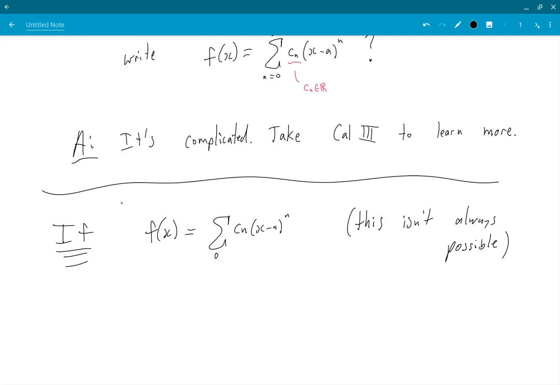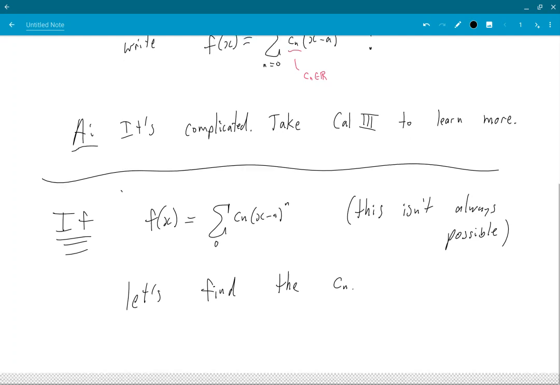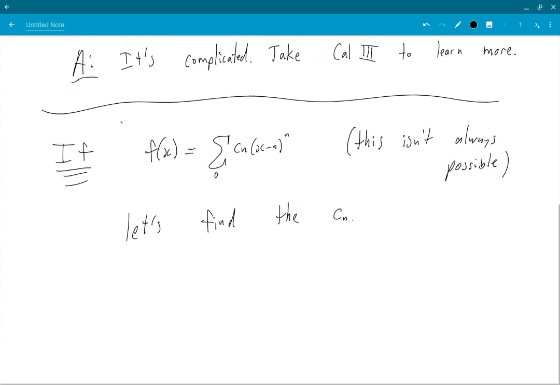Let's say it is. Let's find the values Cn for n equals 0, 1, 2, 3, and so on. Okay, so the idea here is to start taking derivatives.